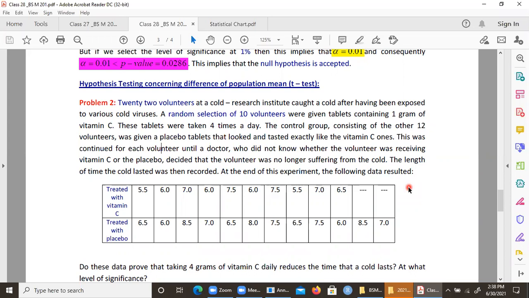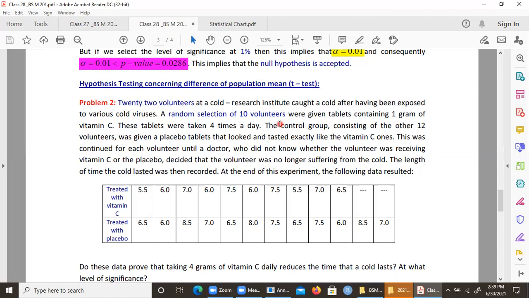It is not that we first give 10 volunteers a placebo, check whether something happens to them, and after some days give them the actual drug. Then it becomes the paired sample t-test. But here it is not happening.